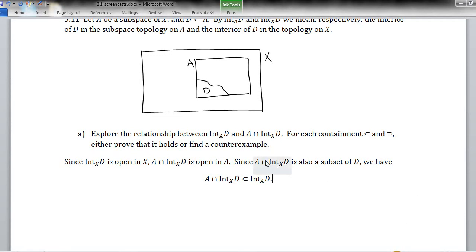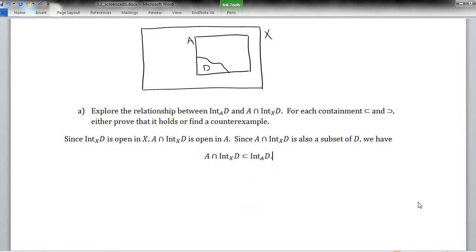Well, this intersection we said is open in A, and it's a subset of D, and int_A D is the union of all open sets of A contained in D. So that union certainly contains this particular open set of A, which is contained in D. All right. So that inclusion holds, but the other one doesn't.